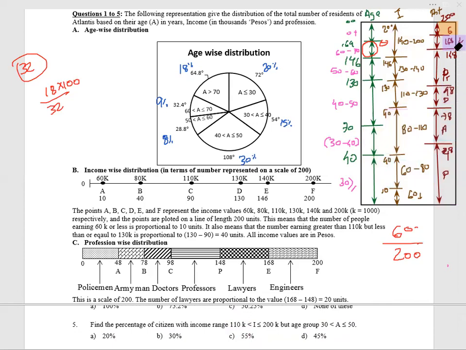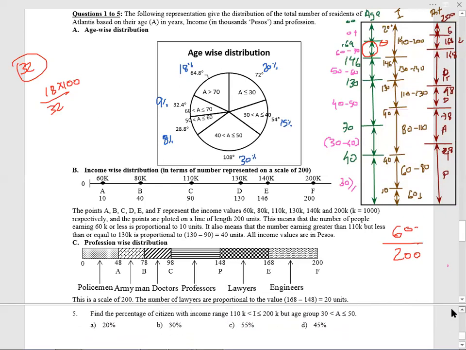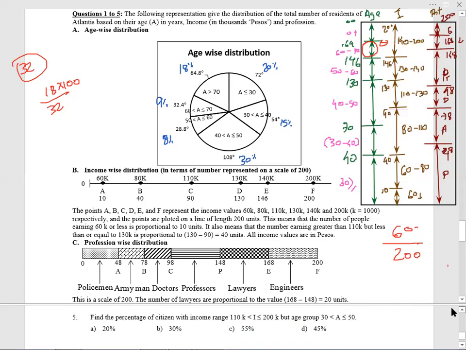Let me remove the shadings. 110 to 200K, but age group of 30 to 50. 110 starts here, to 200K. This entire region we are talking about.